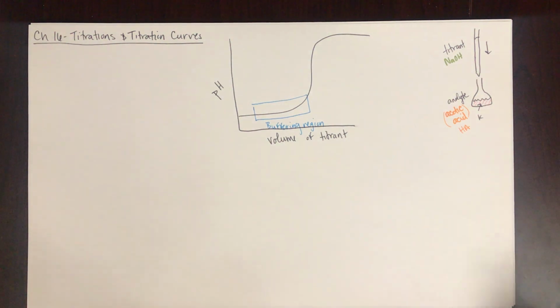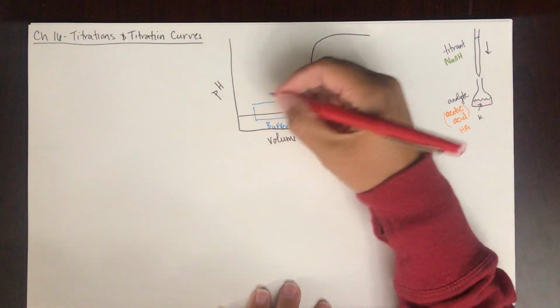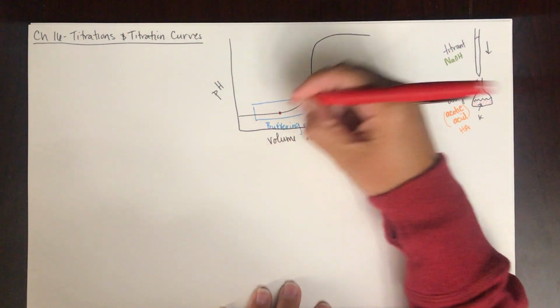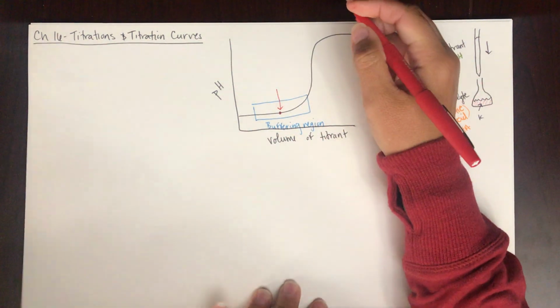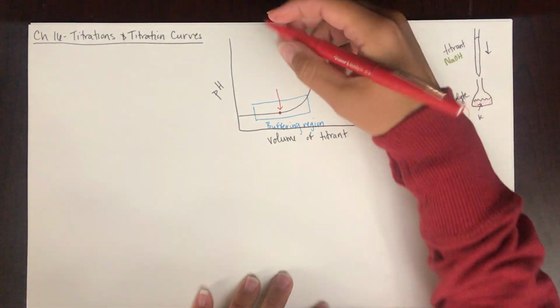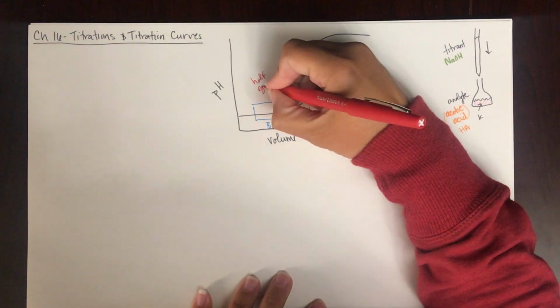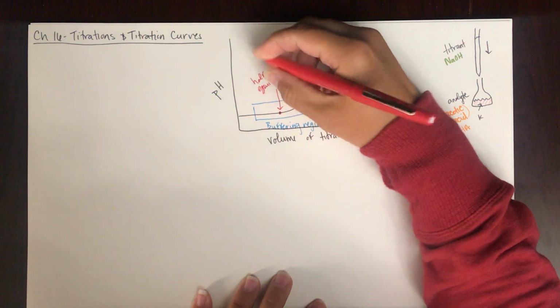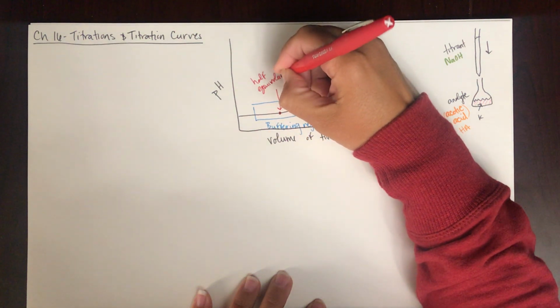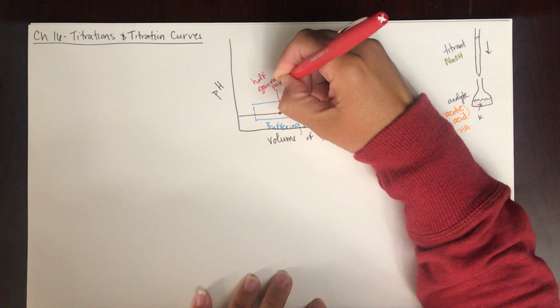Halfway through the buffering region, let's say if this was the buffering region right here, halfway through the buffering region, this is called the half equivalence point. I'll write out equivalence point.